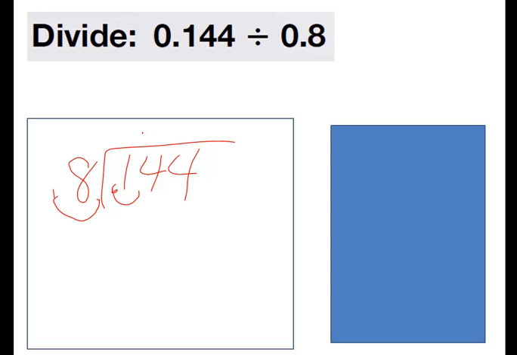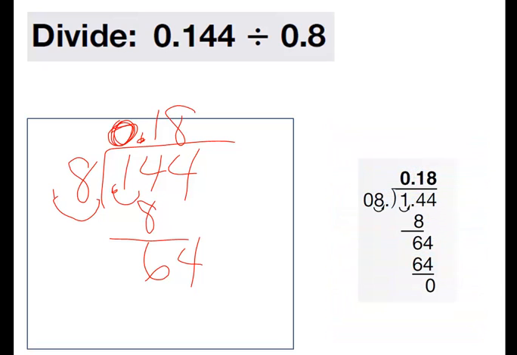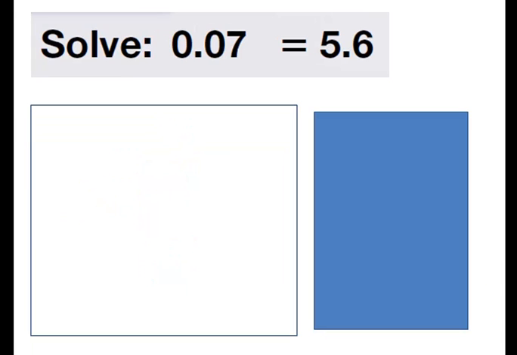Do it both times, bring it up to where it belongs. 8 does not go into 1, so that's a 0. 8 goes into 14 one time, with 6 left over, and 8 goes into 64 8 times. So our answer is 0.18. Is that what you got? See if you can get these faster than I can.